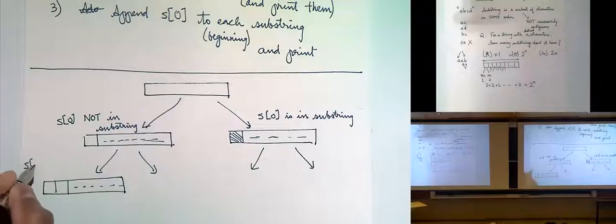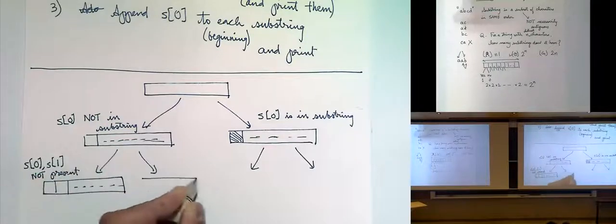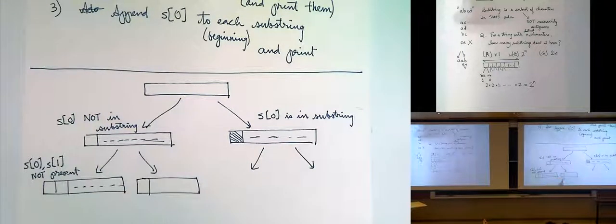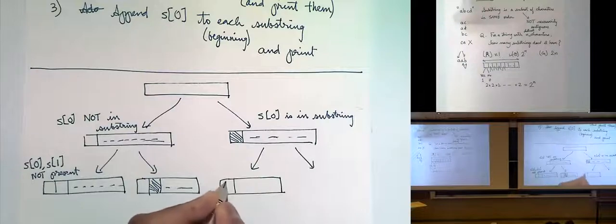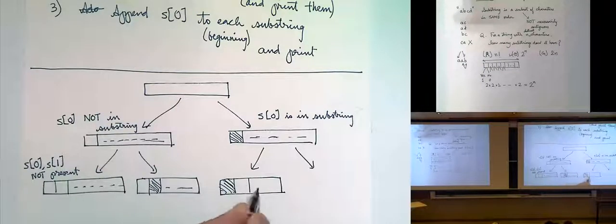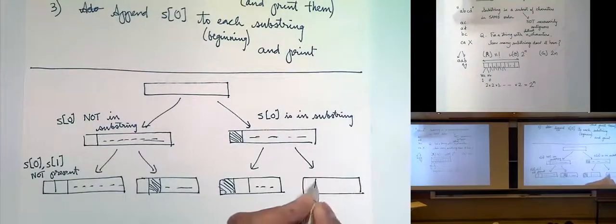So S0, S1, not present. What about this? S0 is not present, but S1 is there. And then in this picture, you have this. This is not present. And here, both of these are present.